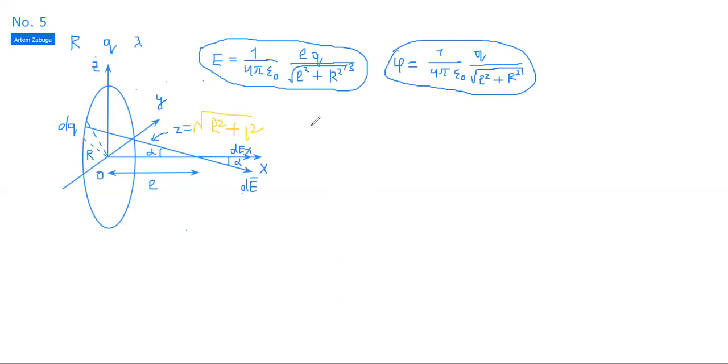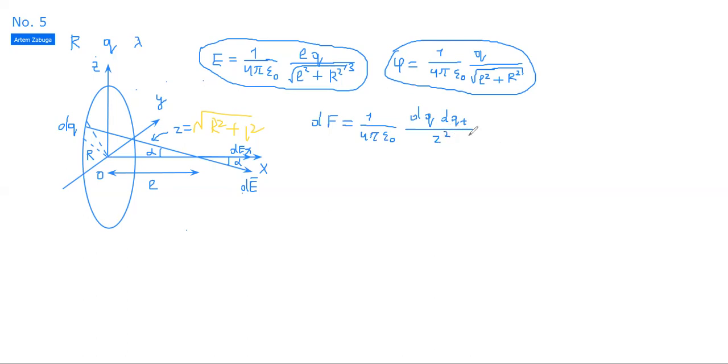According to this, we can write that force of electrostatic interaction is equal to, maybe without vector, 1 divided by 4π epsilon 0, product of dq and dq_t, where dq_t is some charge of the element of the thread, divided by r to the power of 2.